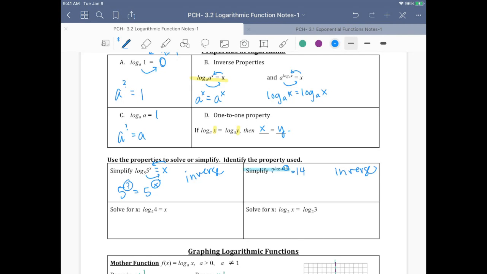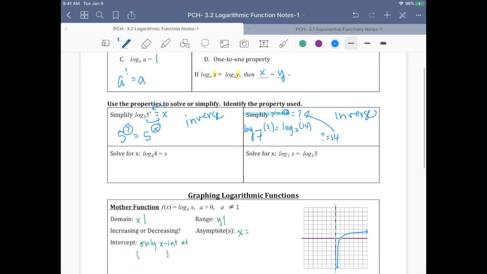Again, we can say if this was a question mark, log base 7 of question mark is equal to log base 7 of 14. So the question mark is equal to 14.